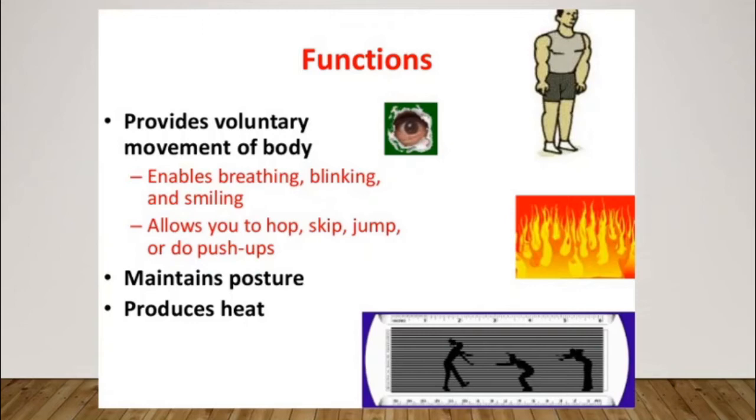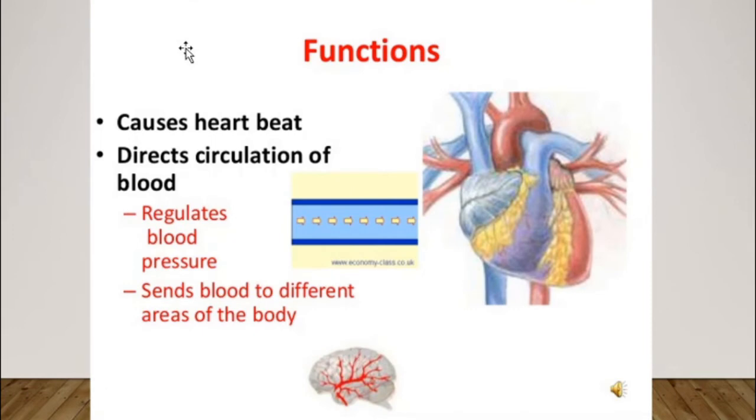It produces heat during activity. It causes the heartbeat, which is part of the involuntary movement of the organ, represented by the cardiac muscle. It directs circulation of blood, so it regulates blood pressure and sends blood to different areas of the body.